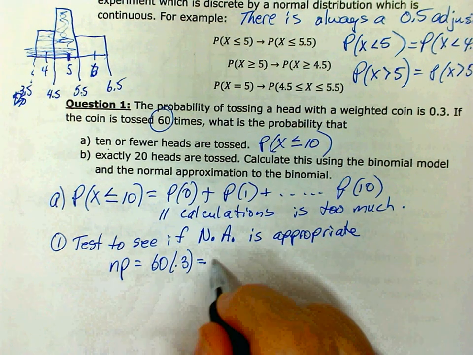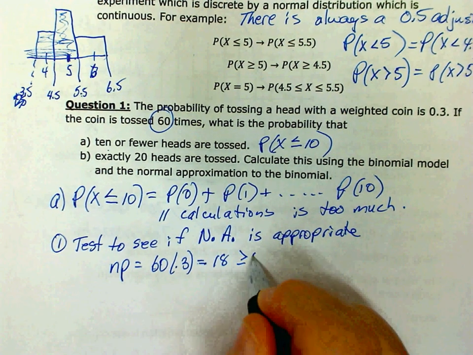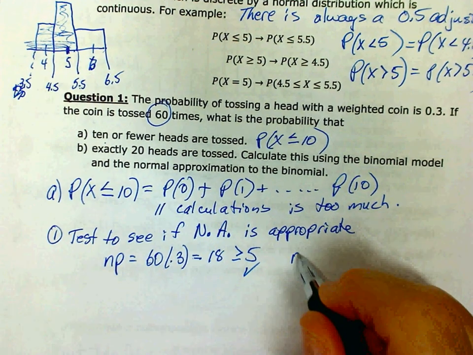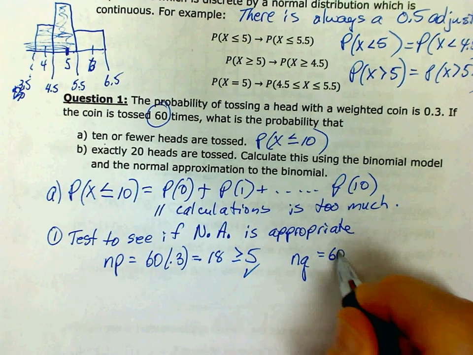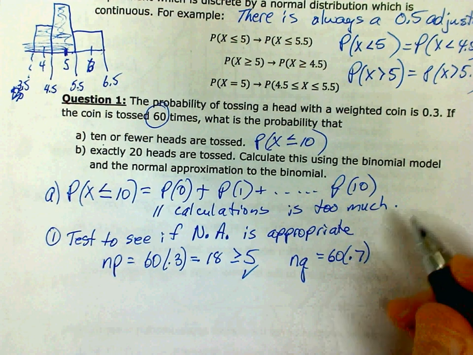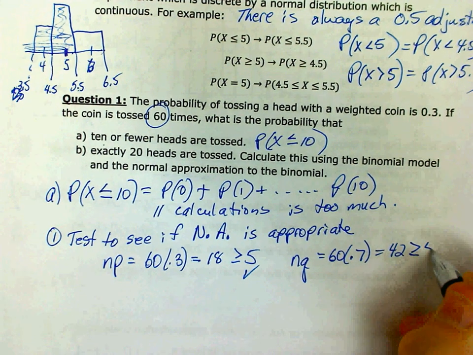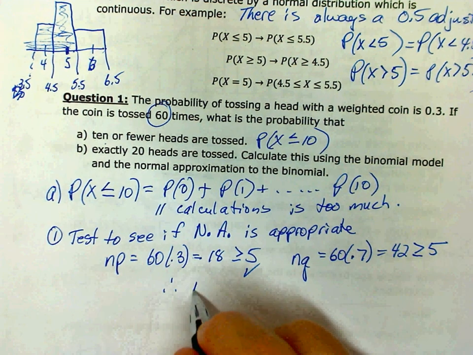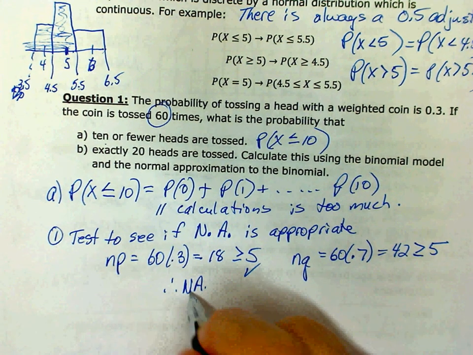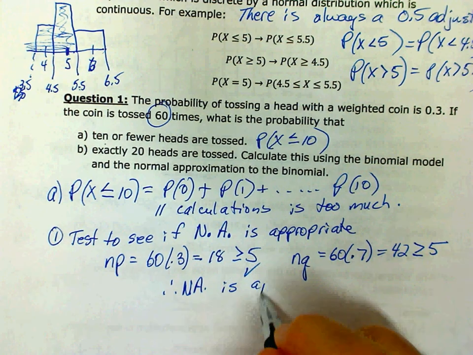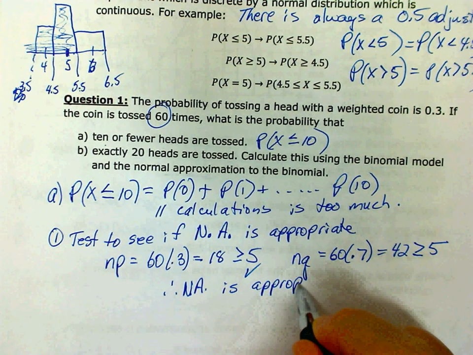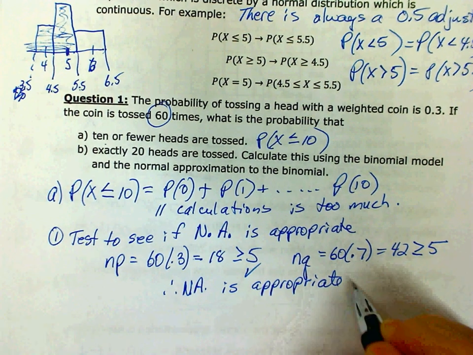And that's greater than or equal to 5. So that's okay. NQ equals 60 times 0.7, and that equals 42. And that's greater than or equal to 5. Therefore, normal approximation is appropriate. That's good for a mark, okay?